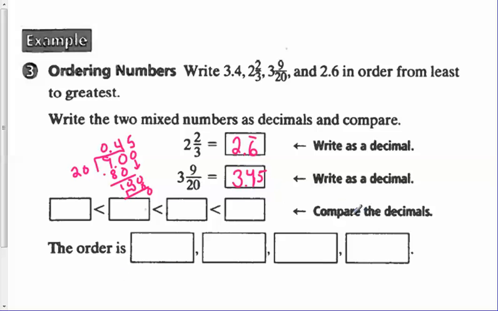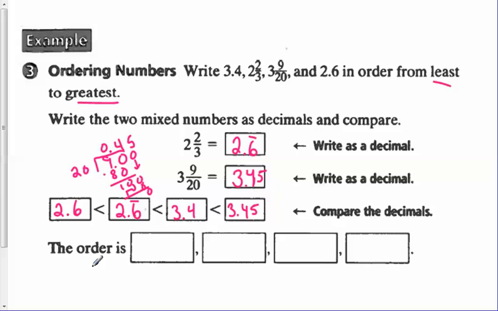So now I need to compare my decimals. I have 3.4, 2.6 repeating, and 3.45, and I'm going to write these from least to greatest. The least of all of those is 2.6 repeating, followed by 3.4, and then 3.45.